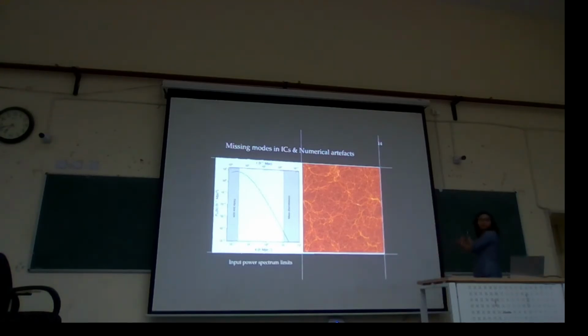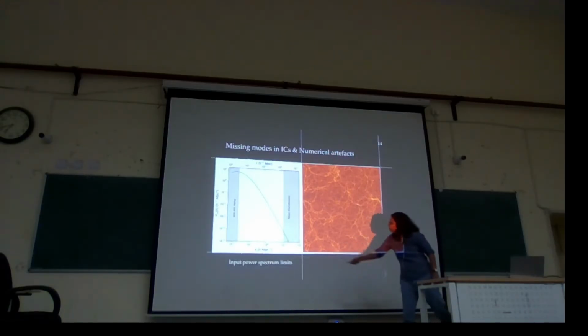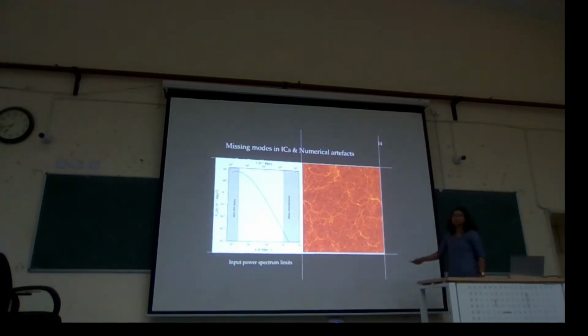With the periodic boundary condition, the variation will be exactly the same, meaning it will be zero. But that is not true. It will have some value at the box scale. But we have cut the power spectrum at the box scale. So these missing powers are not represented here, and those are going to create errors in this distribution.